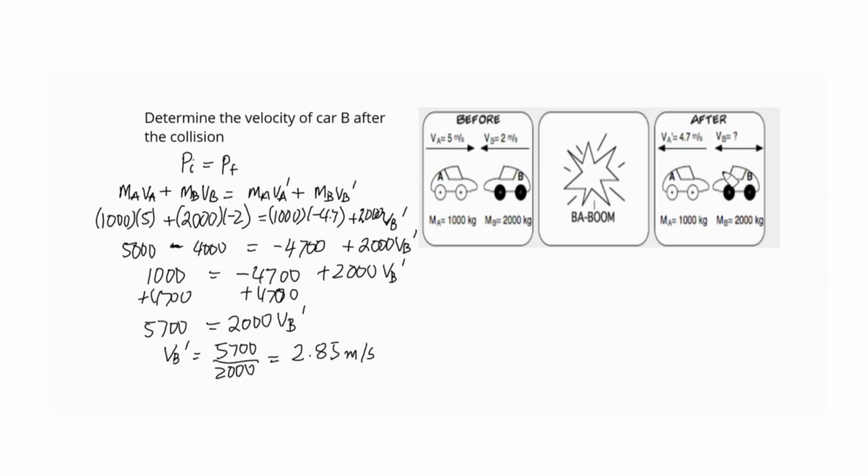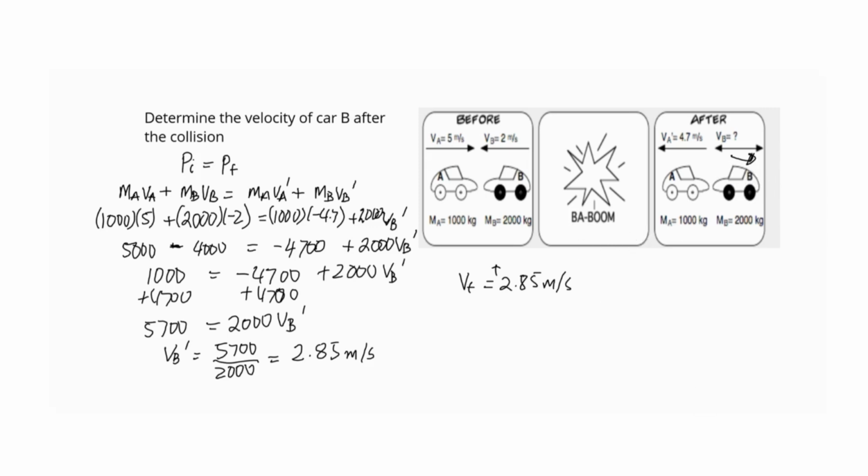So we've determined that vB is going to be moving at 2.85 meters per second, and because this is positive, he's going to be moving to the right. So moving to the right, the final velocity would be 2.85 meters per second.